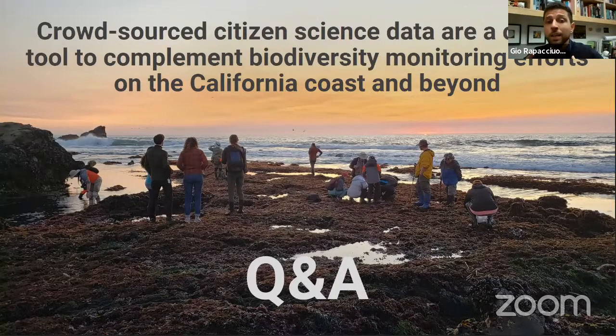But certainly we probably would have way more grayed out MPAs if it wasn't for Snapshot CalCoast and the targeted effort to get people all over the coast, and especially in MPAs. So I don't think any of it would be possible without Snapshot CalCoast.